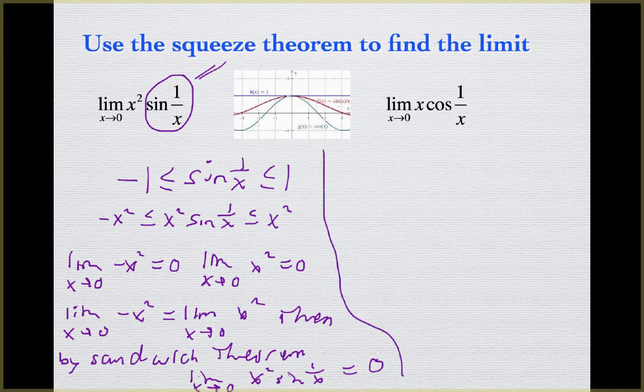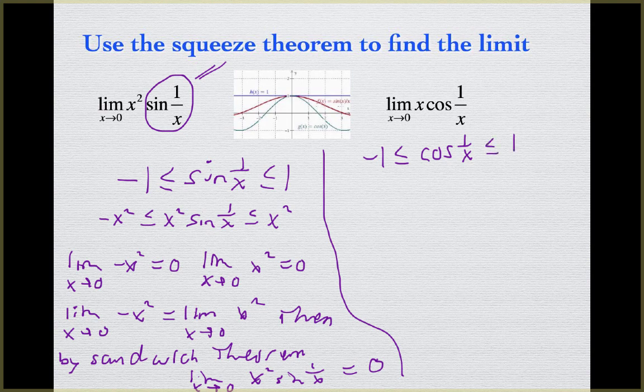We do the same thing here with the limit as x approaches 0 of x cosine of 1 over x. We know that the cosine function is also bound between -1 and 1 as long as we aren't changing the amplitude. So when we do this, we have -1 is less or equal to cosine of 1 over x, which is less or equal to 1.